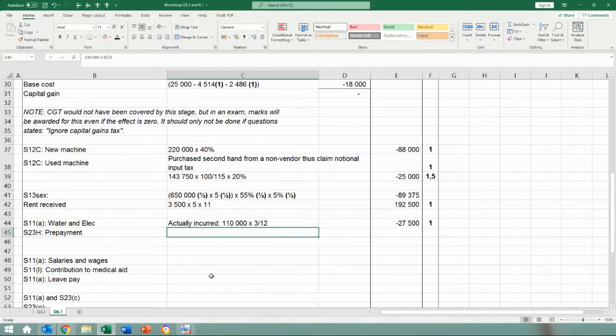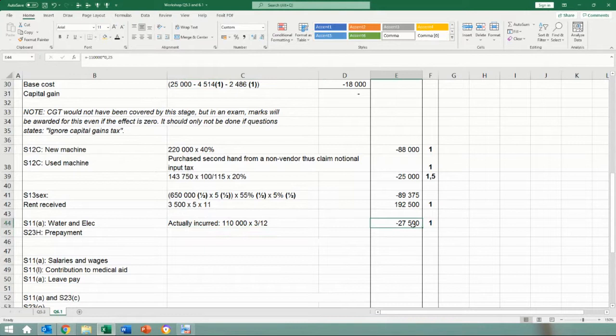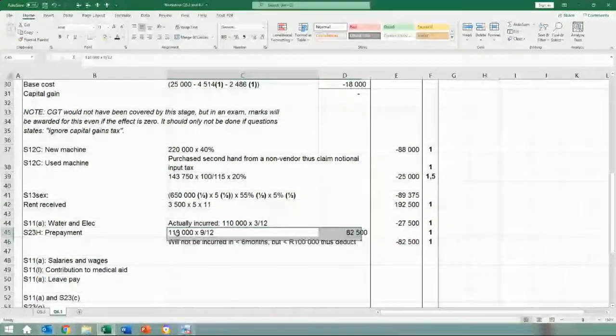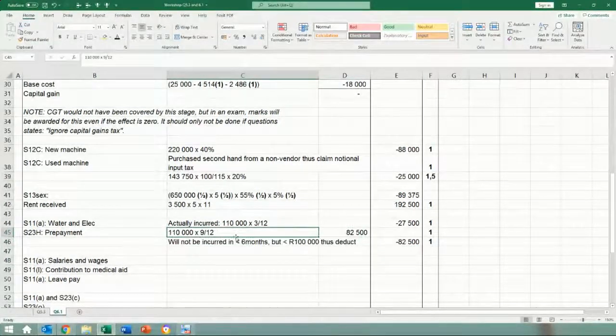Okay, so the first thing, we show the amount actually incurred for the 3 months of our tax period. So you first show that deduction in terms of section 11A. Then you show for the prepayment that we had a prepayment of 110 for 9 months, which equals 82,500.